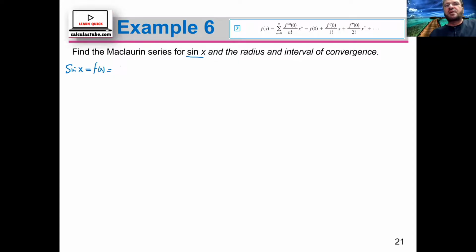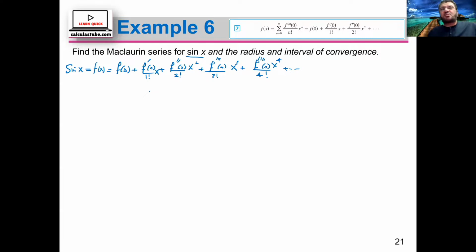It's equal to f of 0 plus f prime at 0 over 1 factorial times x, plus f double prime at 0 times, we forgot actually the x here, times x squared over 2 factorial, plus f triple prime at 0 over 3 factorial times x cubed, plus f fourth prime at 0 times x to the 4 over 4 factorial, and goes all the way to infinity.